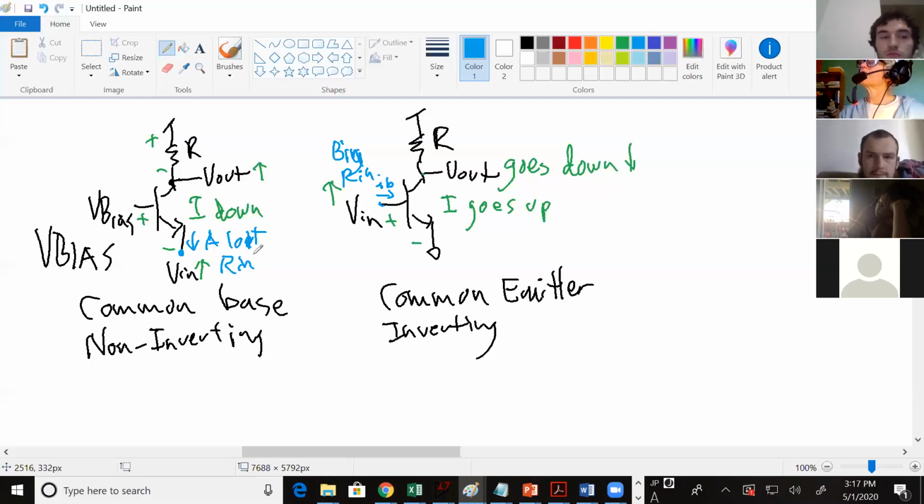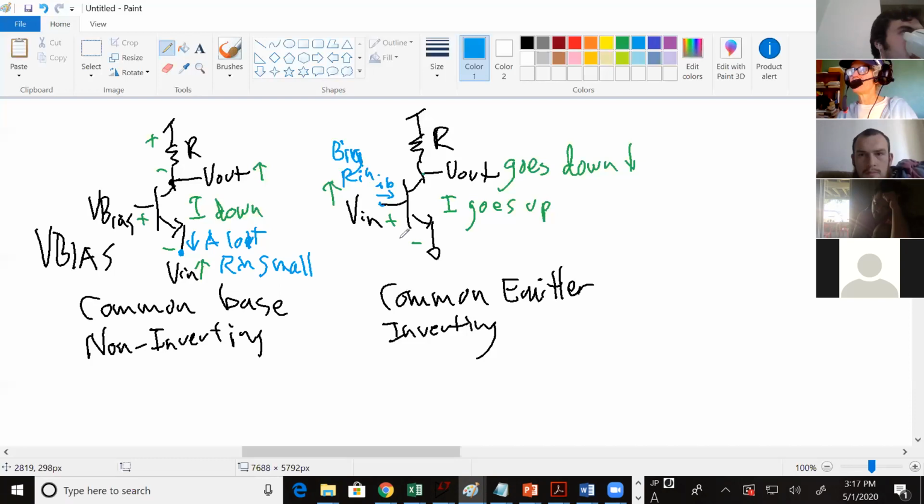So what's R in look like there? Small resistor. Yes. So that's the other big difference here. Really, the circuits are the same. When you change V in, you're changing VBE. But one is inverting, one's not inverting. And one has a high R in and one has a low R in.